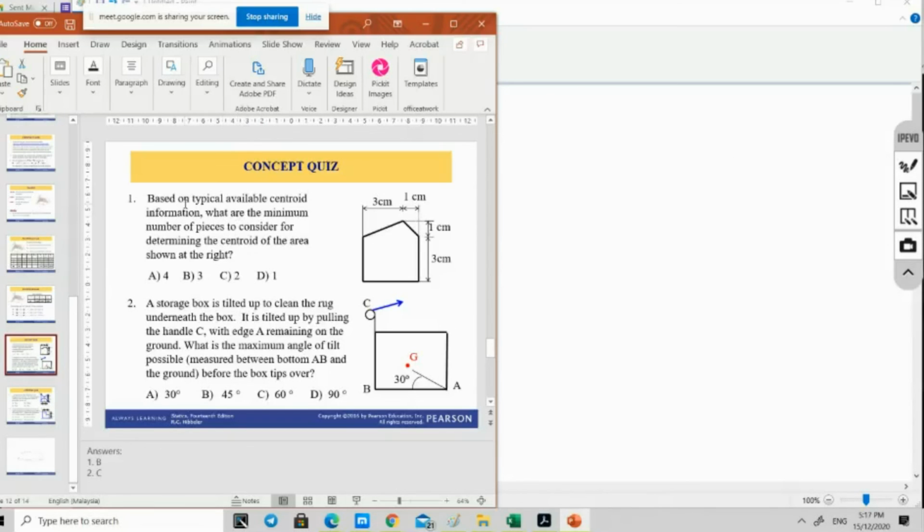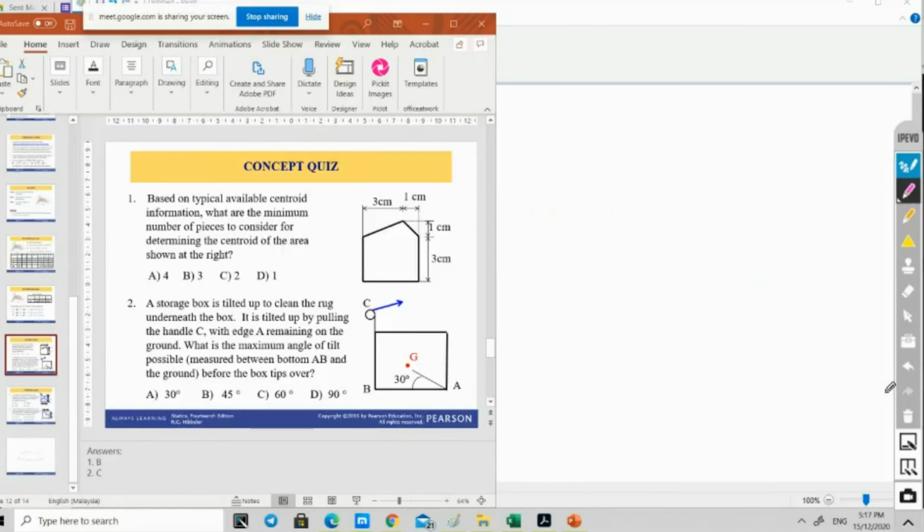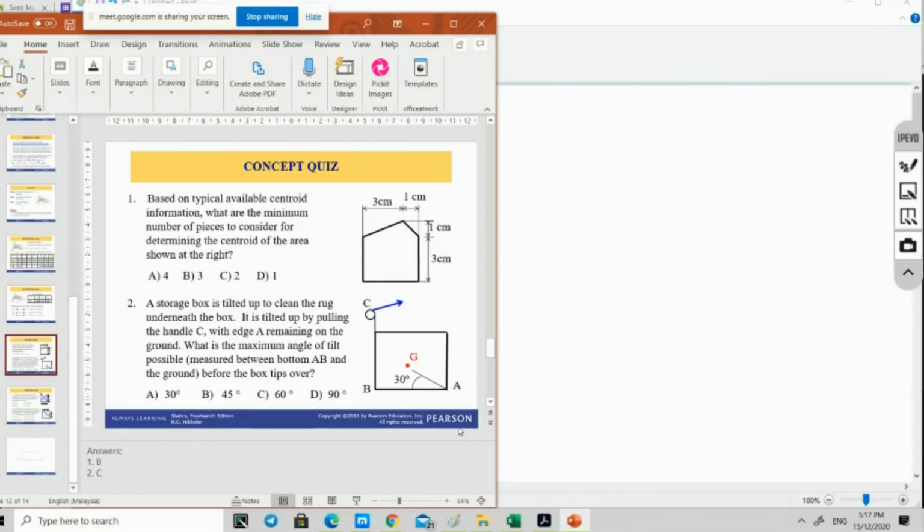Okay. Based on the typical available centroid information, what is the minimum piece number? In this case, what is the minimum? I would say 3, because you divide here and you divide here. Can you see the screen? Is it too small? That's not small, doctor. I can see it clearly.